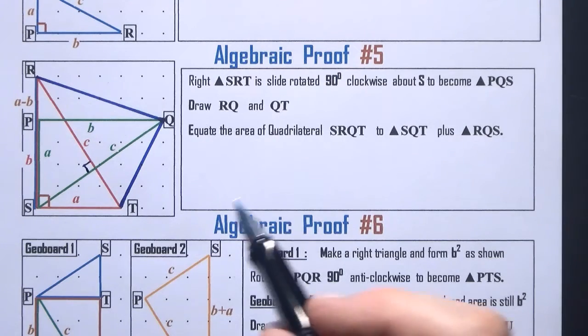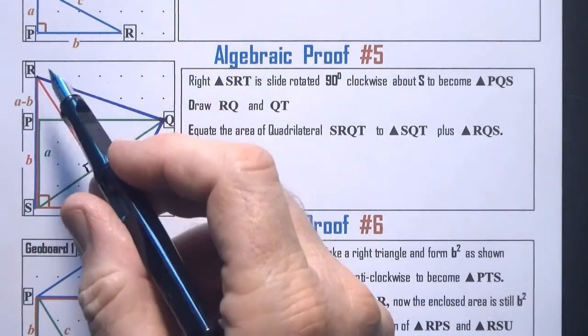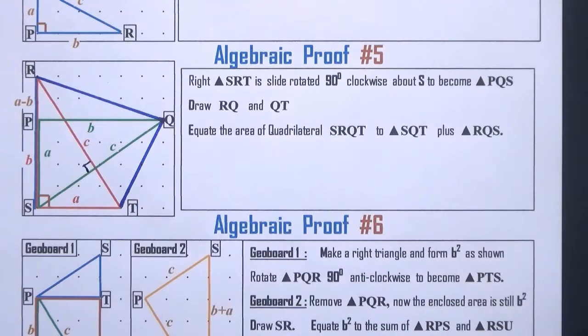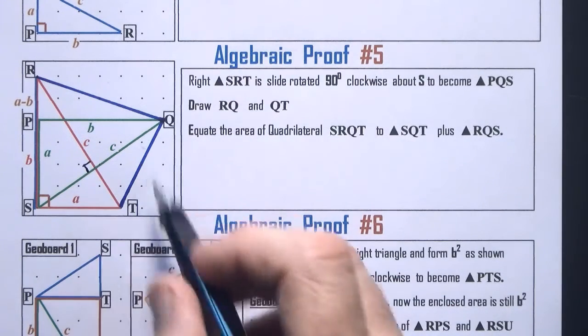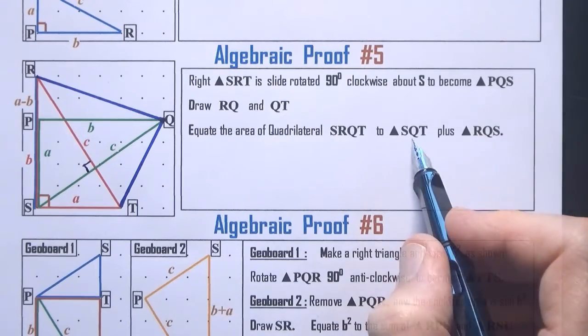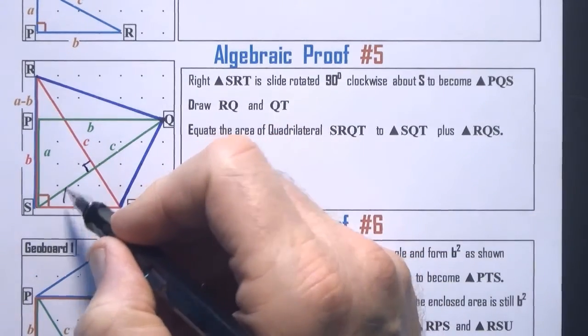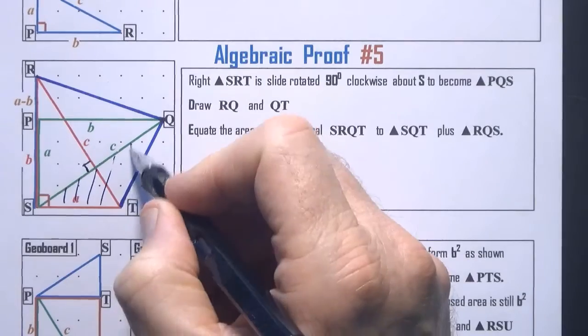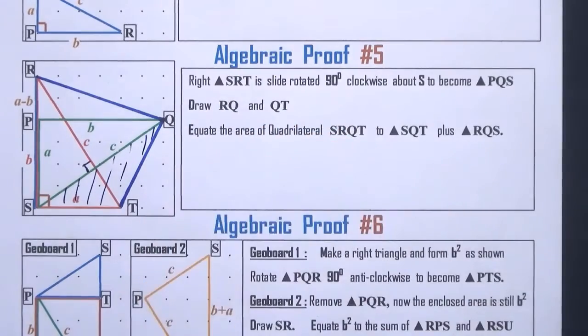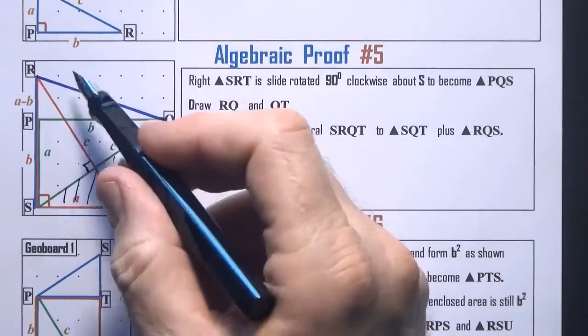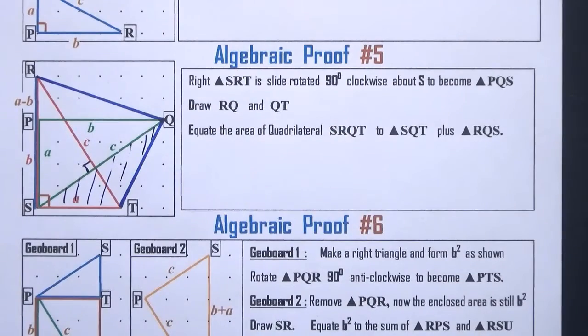I now see I have a quadrilateral SRQT, and I can equate that to two triangles within that quadrilateral, SQT, which is this triangle here, and RQS, the other one.